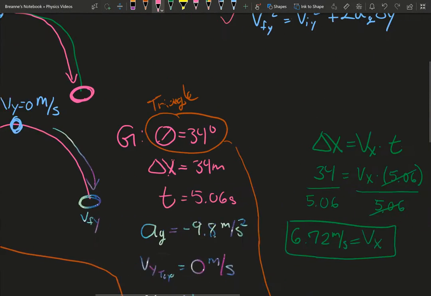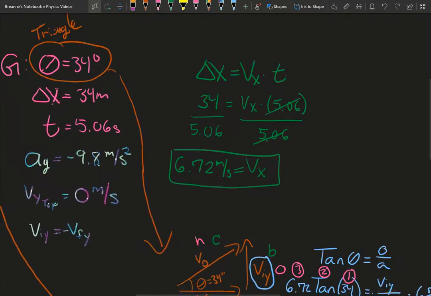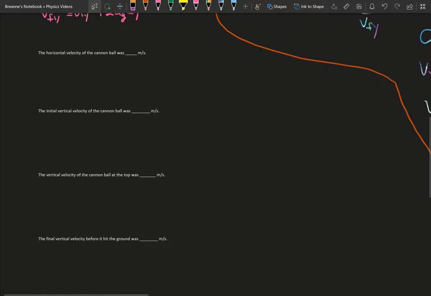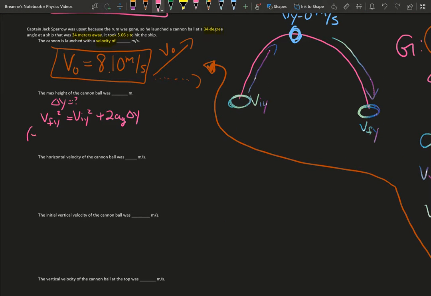So now we just plug in. Our final velocity we solved for to be down here, negative 4.53. So we're going to do parentheses negative 4.53 squared equals 4.53 squared, just the same, just not negative, plus 2 times negative 9.8 delta y. And now you just simplify. The first thing we're going to simplify is negative 4.53 squared, and you should get a positive number.